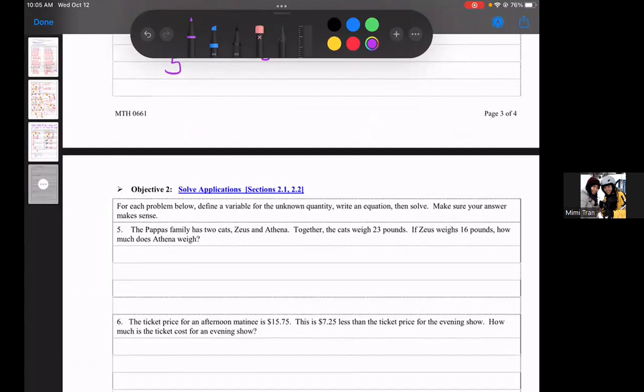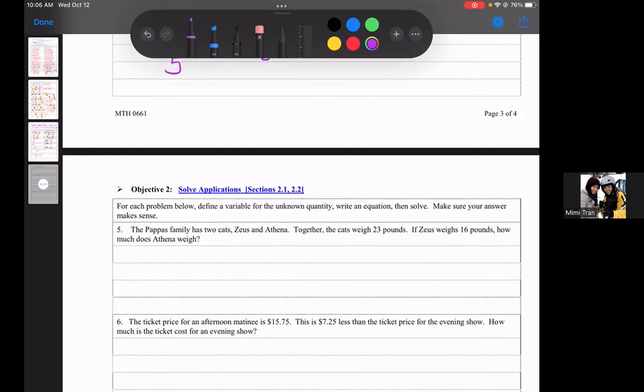The family has 2 cats, Zeus and Athena. Together the cats weighed 23 pounds. If Zeus weighs 16 pounds, how much does Athena weigh? All right, so what do I want? I need to solve. That means I need an equation, right?